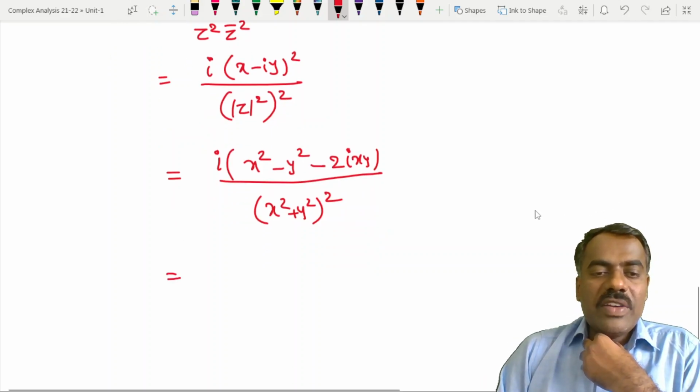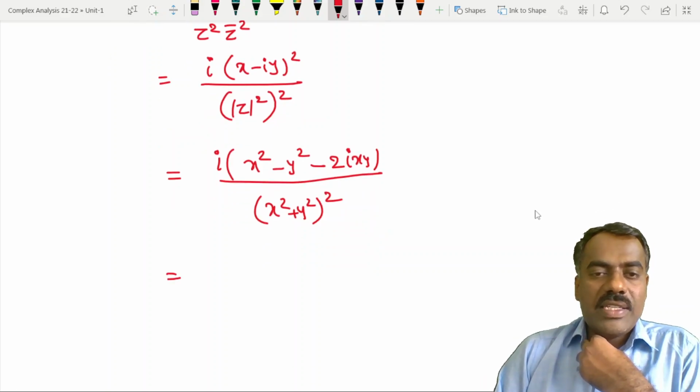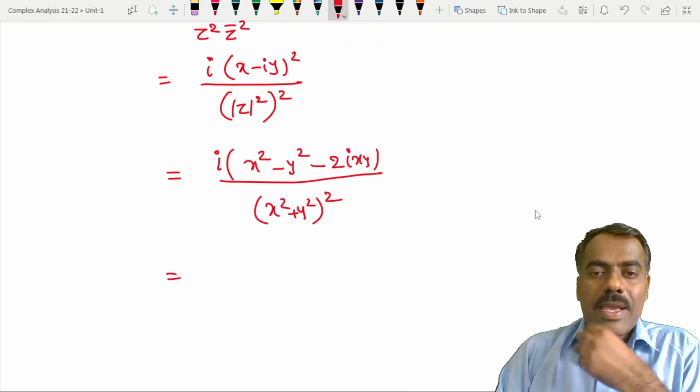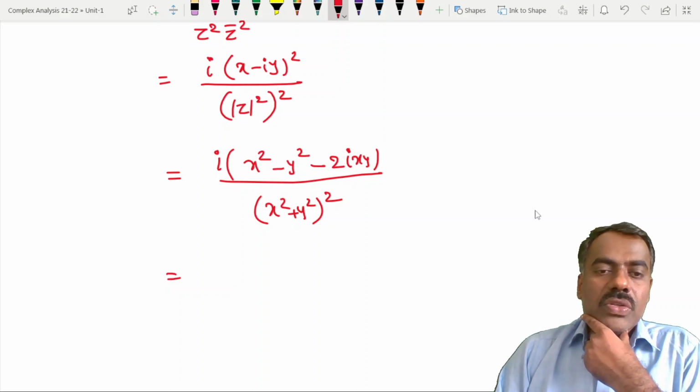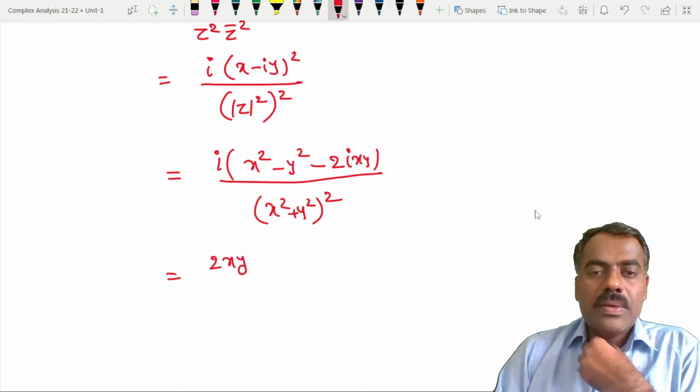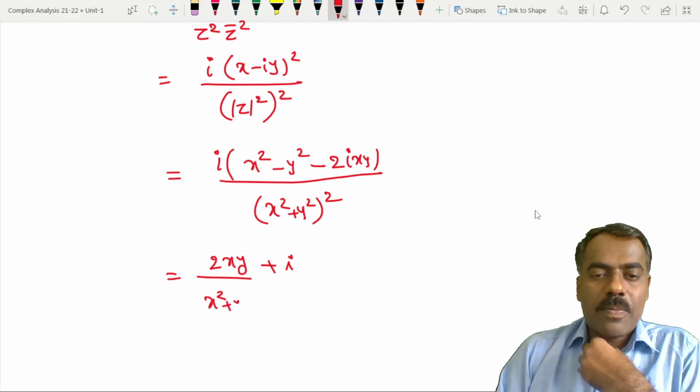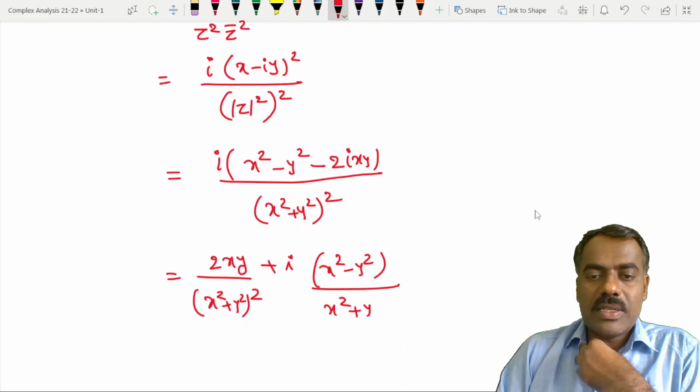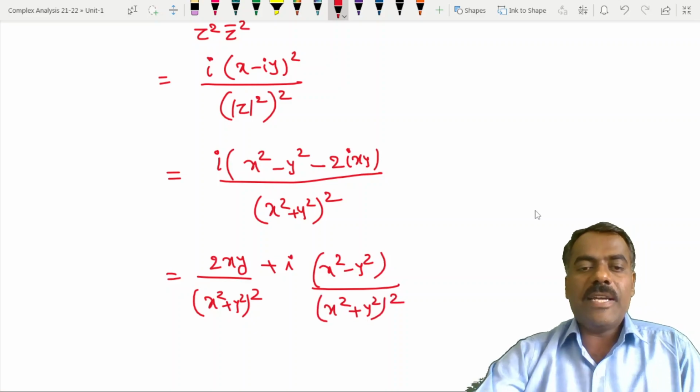If I simplify this further, what you have here is minus of i into i, which is i square, so this is 2xy by x square plus y square whole square, plus i times x square minus y square by x square plus y square whole square. Is that clear?